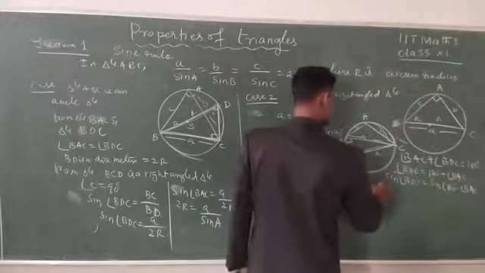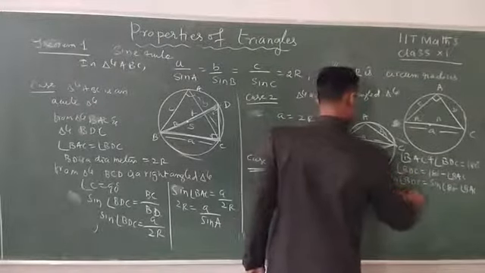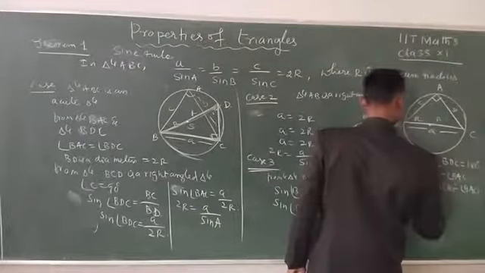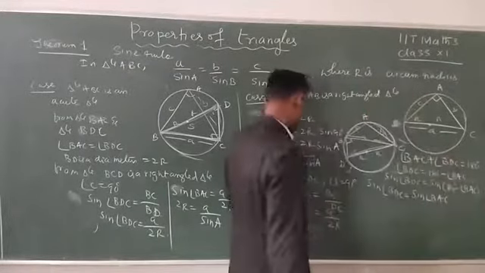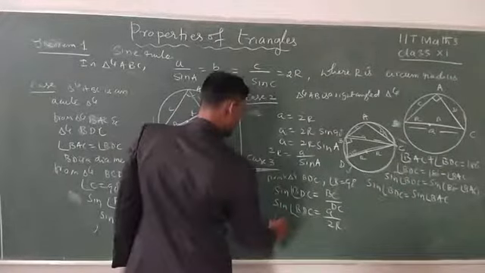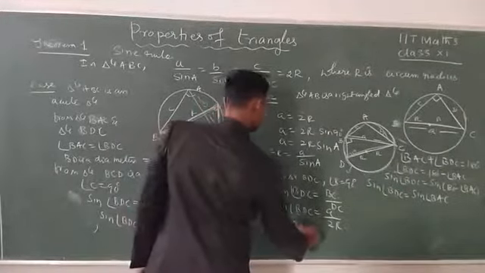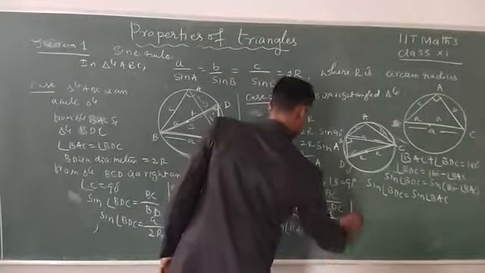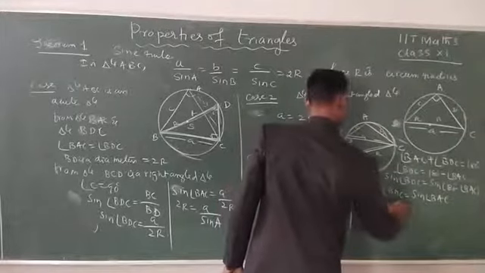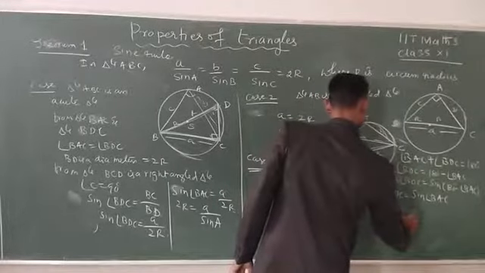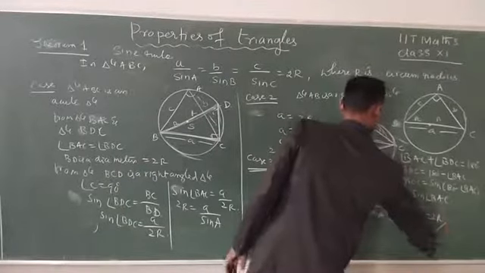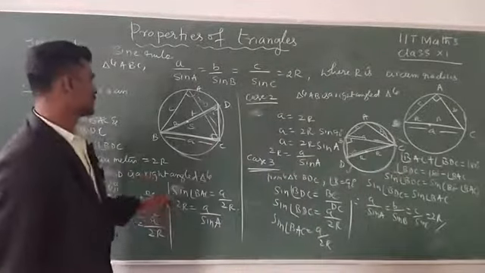Sine of 180 minus theta is sine theta, so sine BDC is equal to sine BAC. Now you can write sine BAC is equal to A by 2R. Therefore, A by sine A is equal to B by sine B is equal to C by sine C is equal to 2R.